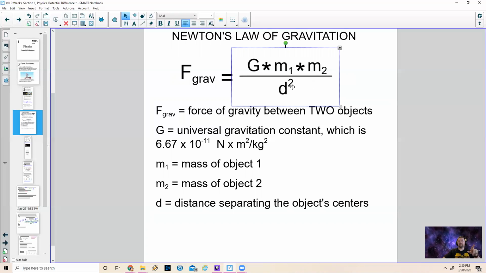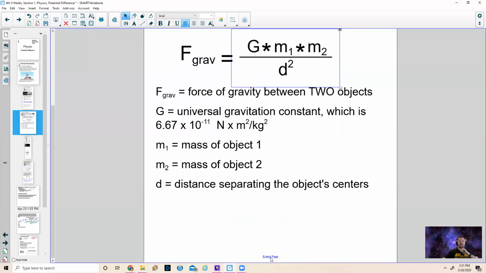But the distance is different because the distance is on the bottom, it's the denominator, and it's going to divide into the other things. Then something's going to happen to my force. When we increase distances, I'm going to decrease force. And so there's a relationship that happens.